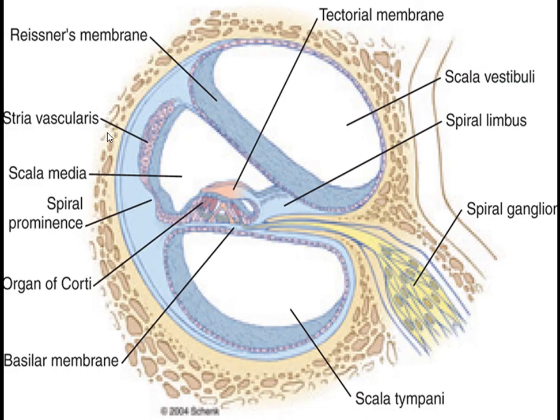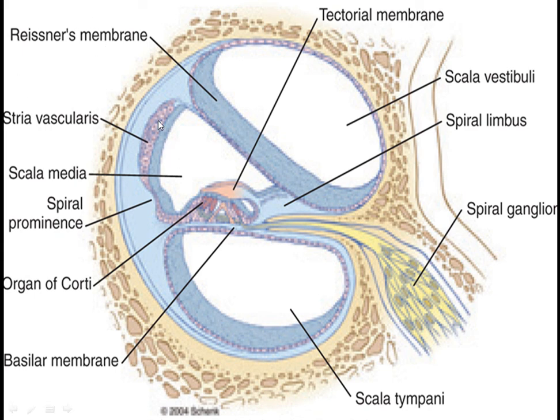This is a better view of the three compartments of the cochlea, showing a more detailed view of the organ of Corti, which are the receptors of hearing present on the basilar membrane, and we can see the scala media.